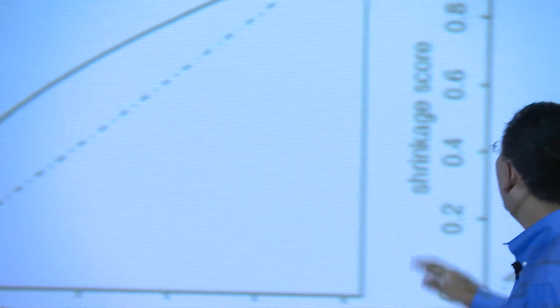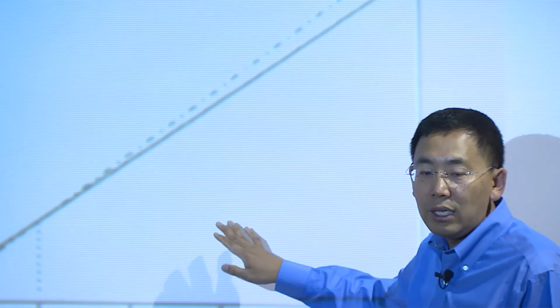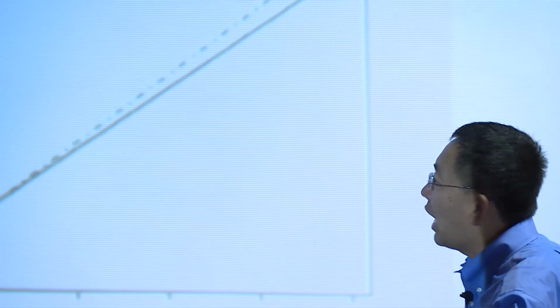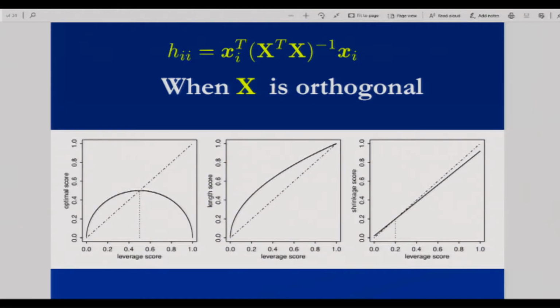And this is the so-called shrinkage leverage estimate, a linear combination of the regular leverage score and the regular uniform sampling probability. It looks like this, okay?